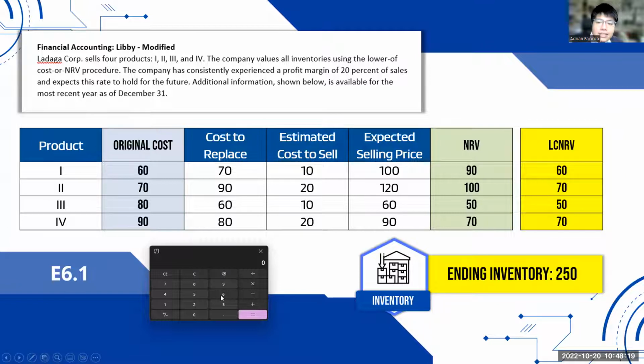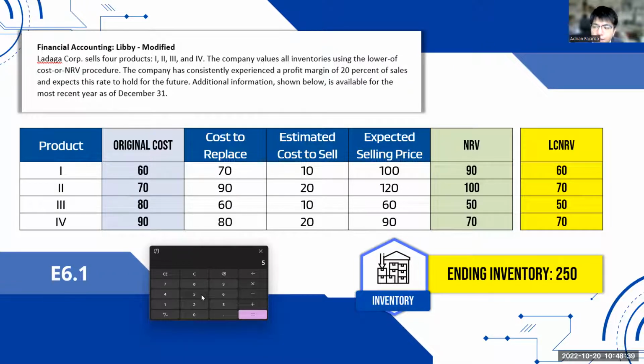So if I ask, or in the solutions, if they ask you, what is the ending inventory? You will have 60 for product 1, 70 for product 2. Both are at cost. And then product 3 and 4 are at NRV.